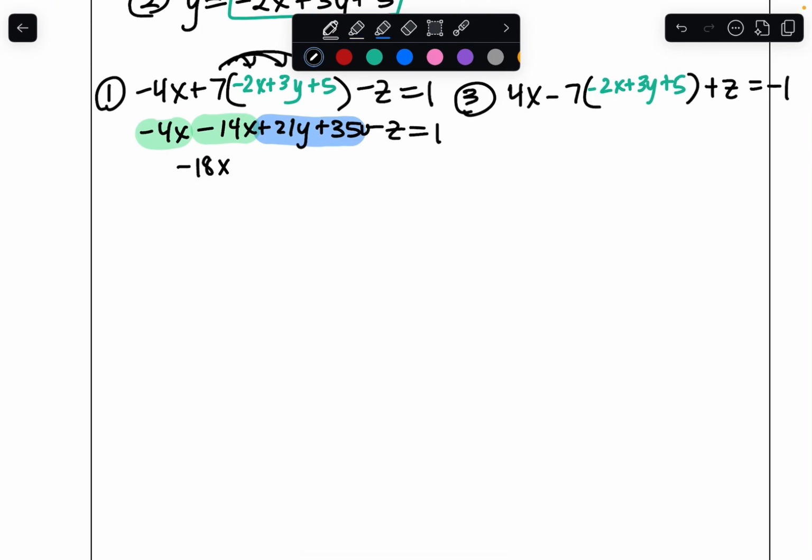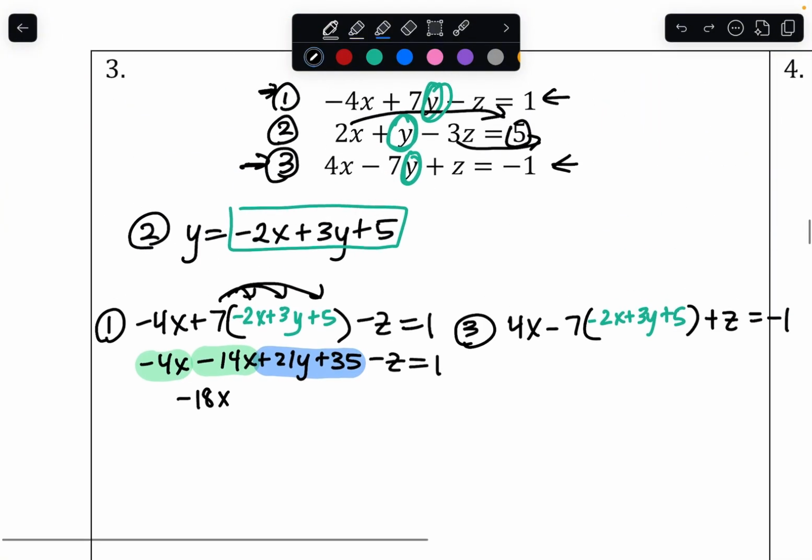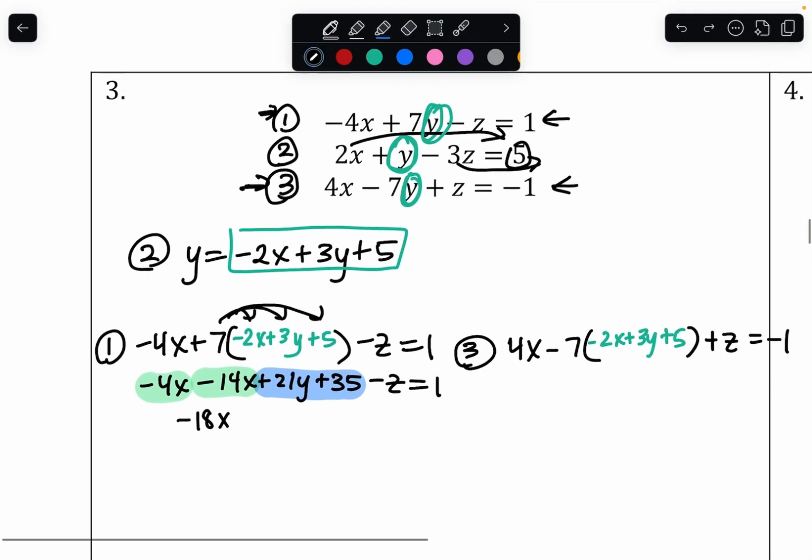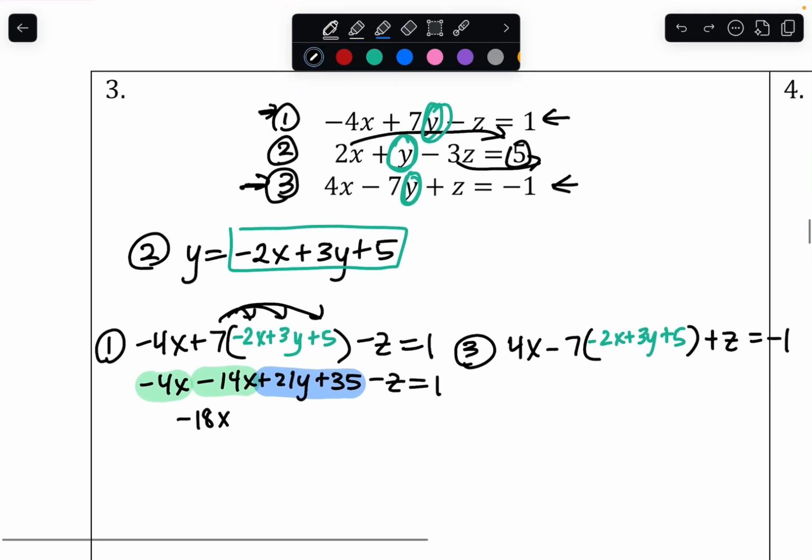No, I didn't. Negative 2x. So equation 2, we moved the x and moved the 3z. I'm sorry, that was a z.